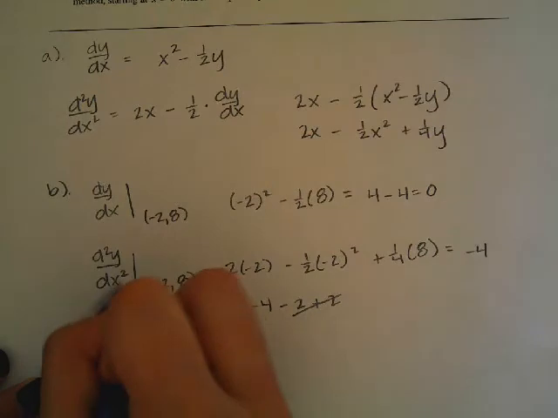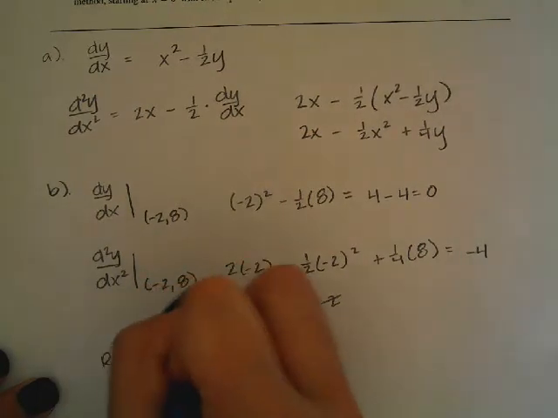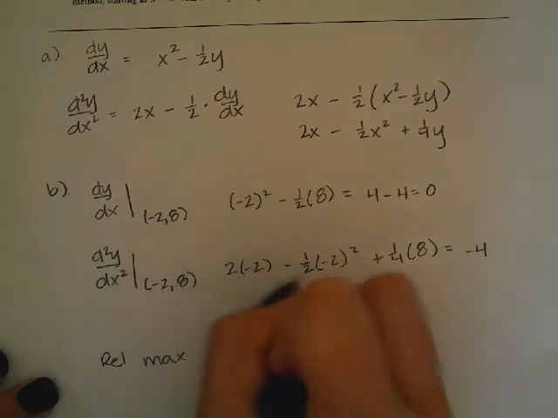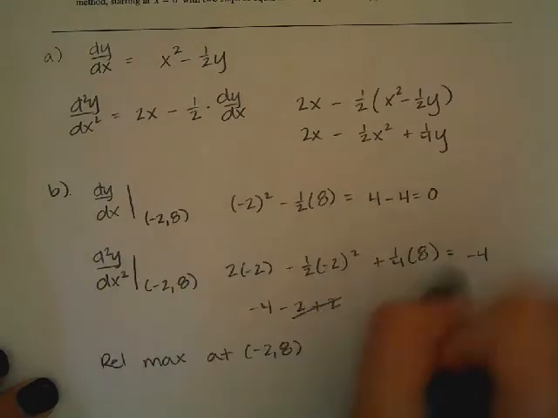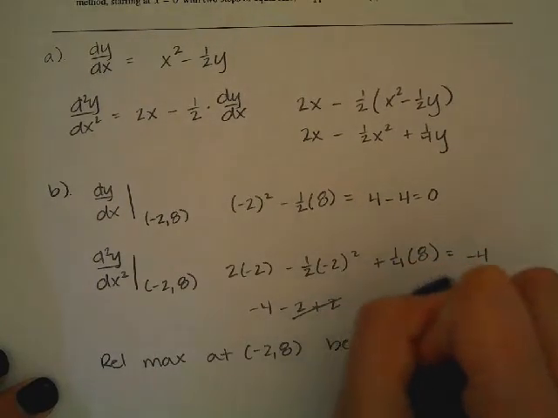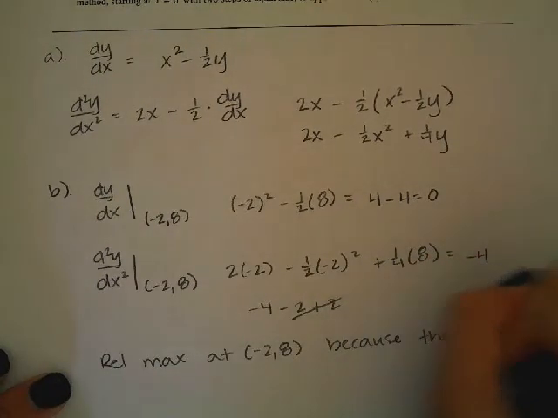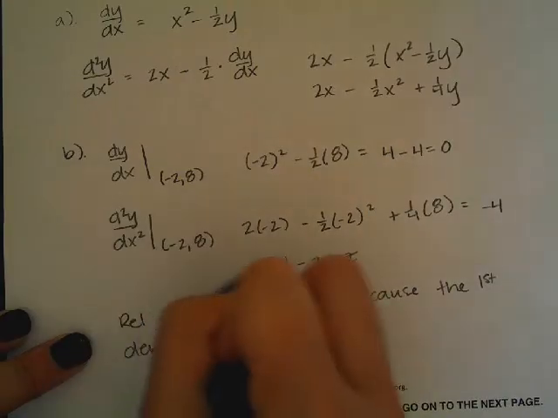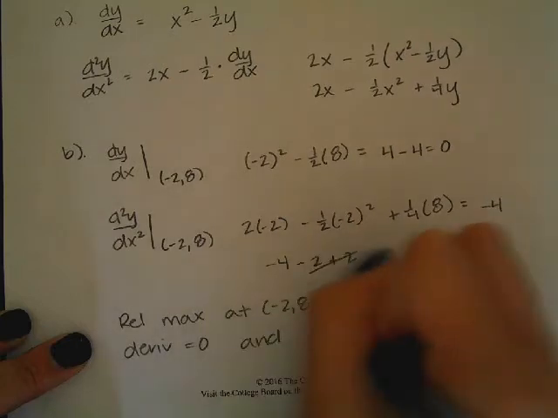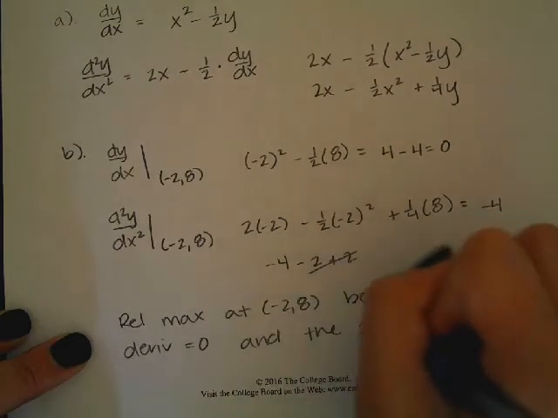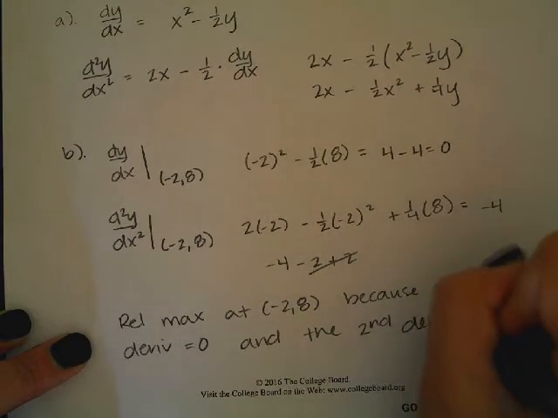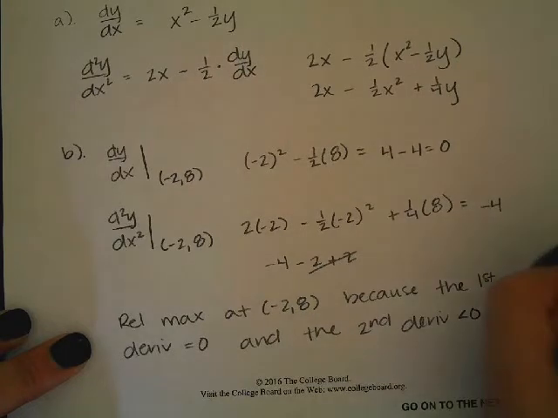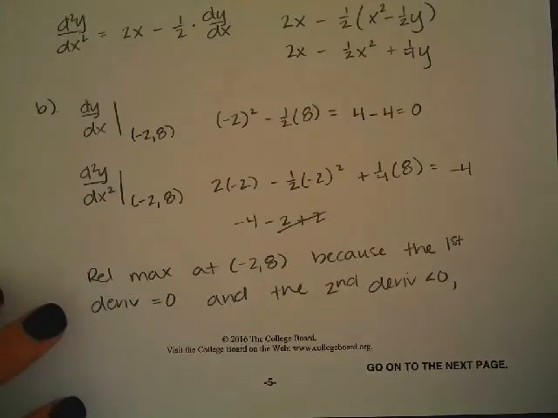So I'm going to say that we have a relative max at the point (-2, 8), because the first derivative equals 0, and the second derivative is less than 0, which means that the graph is concave down.